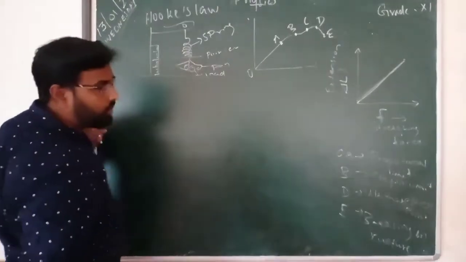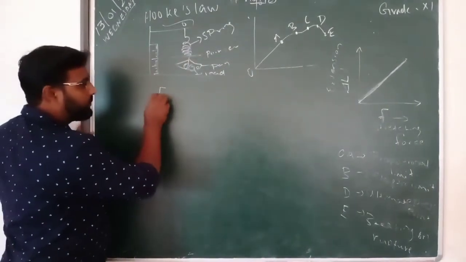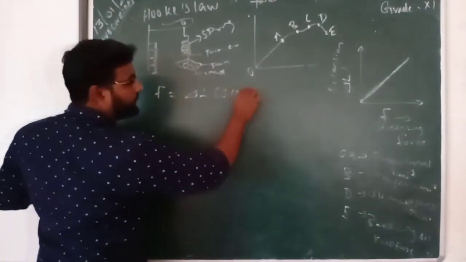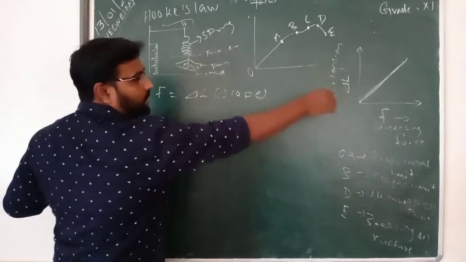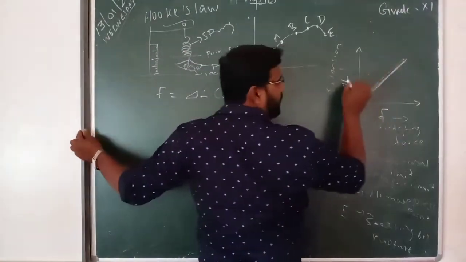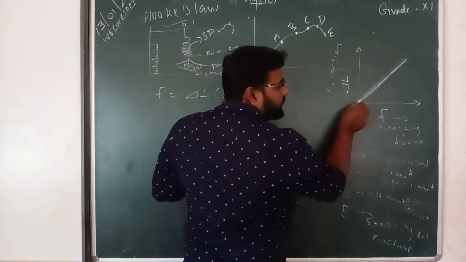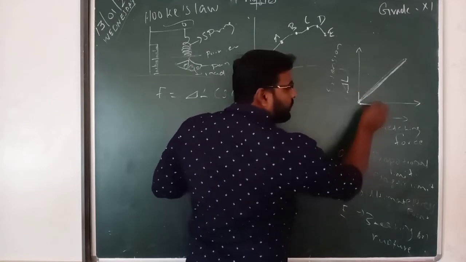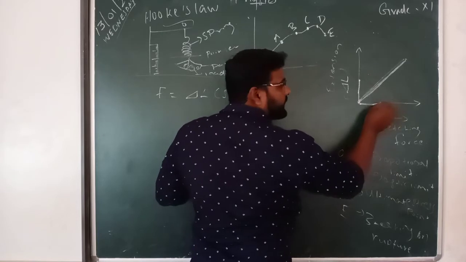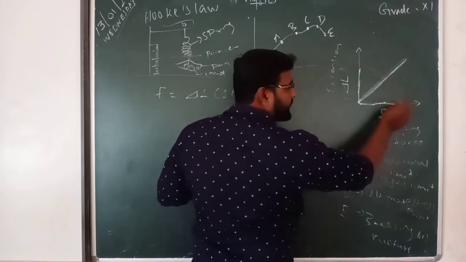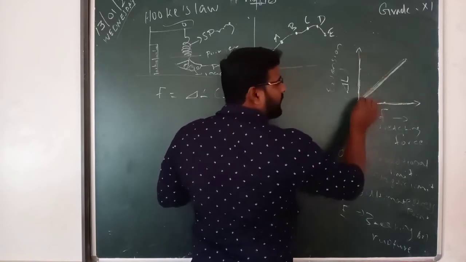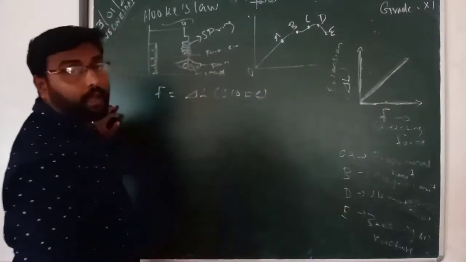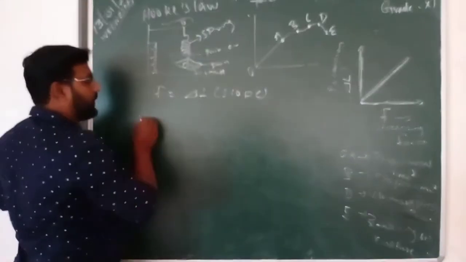We have to prove from this graph F is equal to delta L. That is the slope. Force increases, elongation increases. Force increases, extension increases. So both are equal. From the slope we take F is equal to delta L.